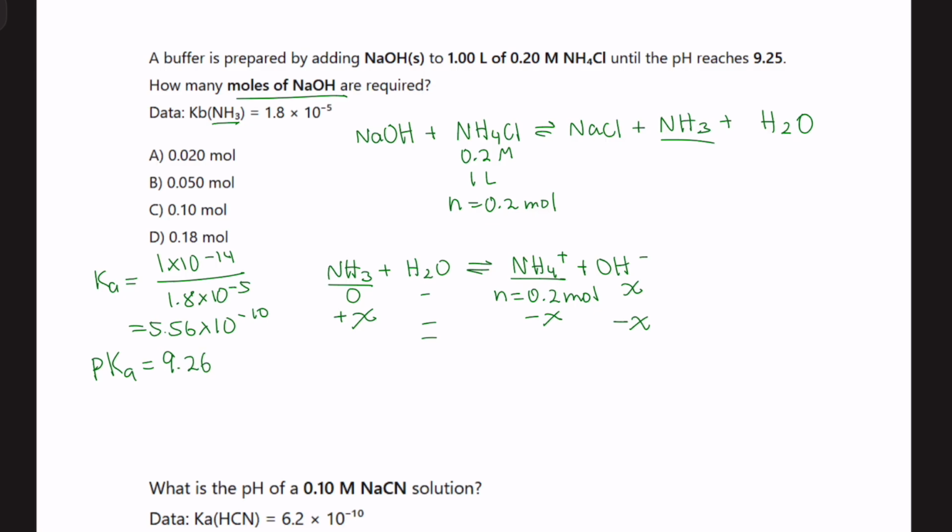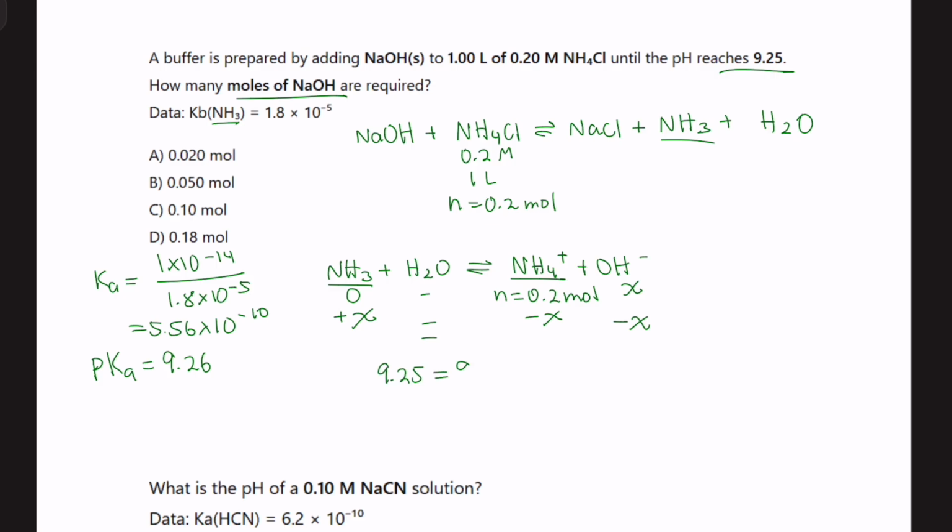So now using the Henderson-Hasselbalch equation, we know that it's pH equals pKa plus log of the base concentration over the acid. So I know my pH is 9.25.